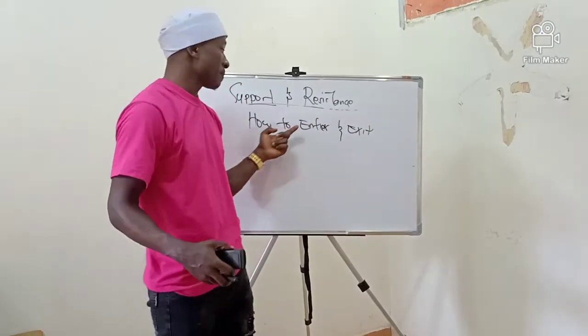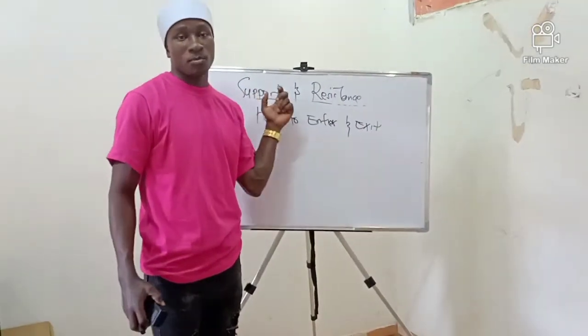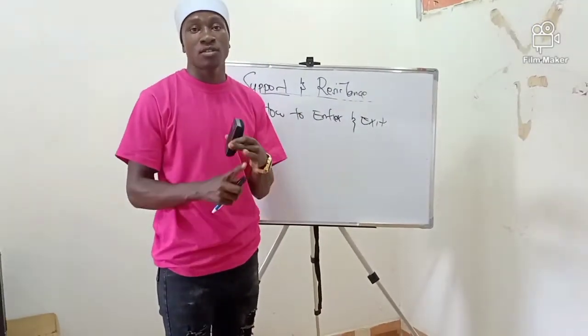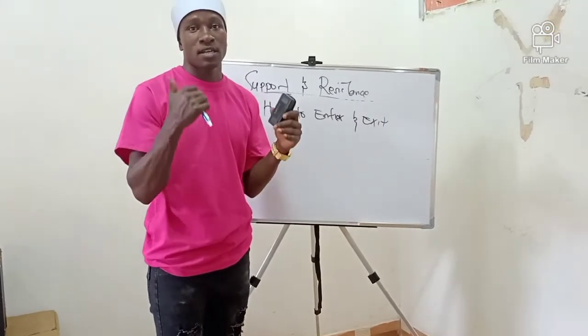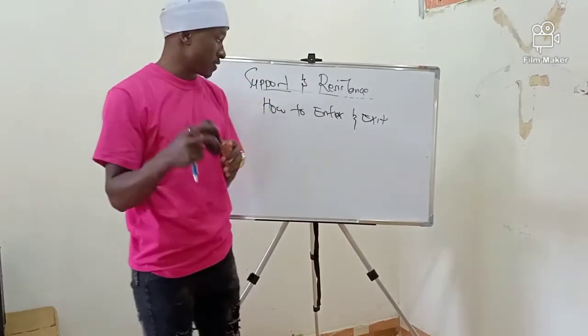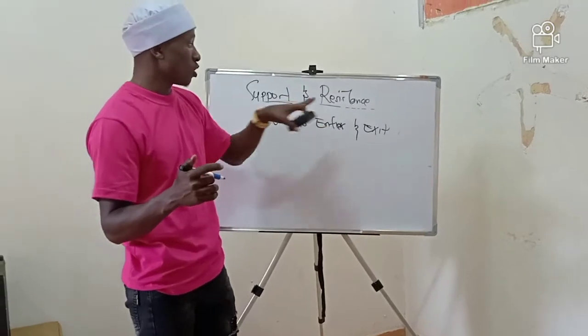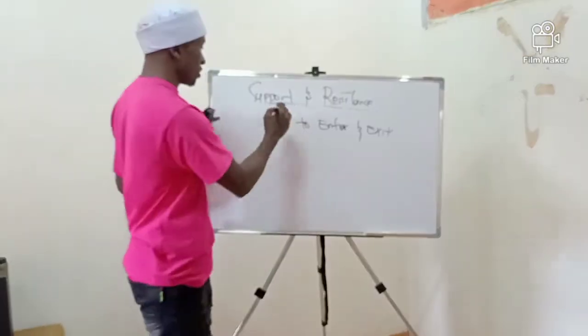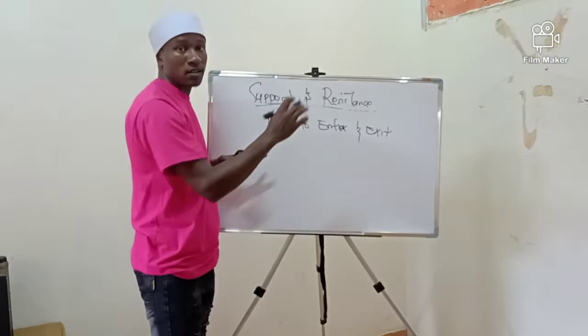So, how to enter and exit using support and resistance. First, you need 2 to 3 points that the market respected in the past for you to consider it a valid support or resistance case.